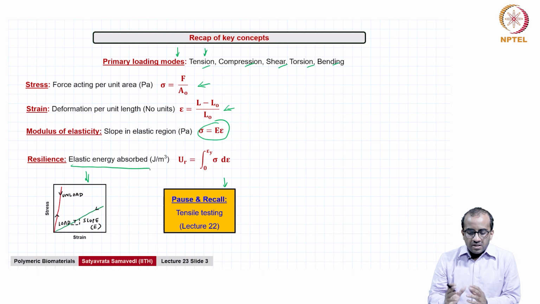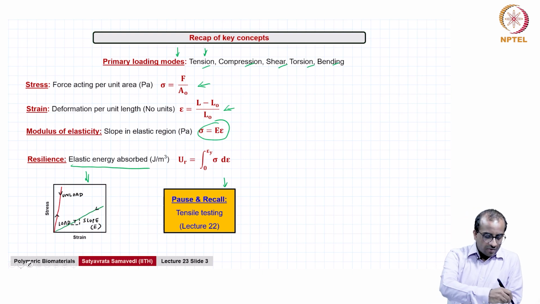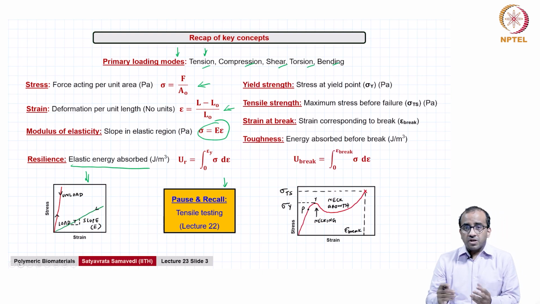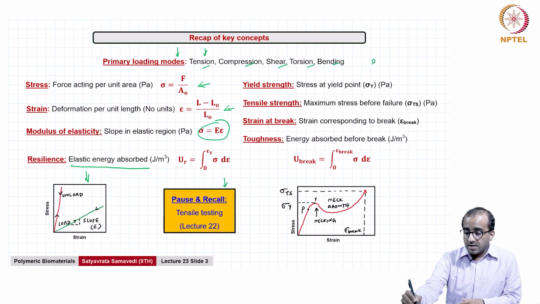And then we also saw that you can also have plastic deformation or ductile behavior, where the material can deform plastically, permanently deform, and yield before it fails. So based on that, we saw that you can also classify materials as ductile or brittle, or as an elastomer.